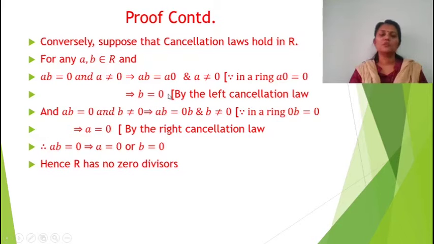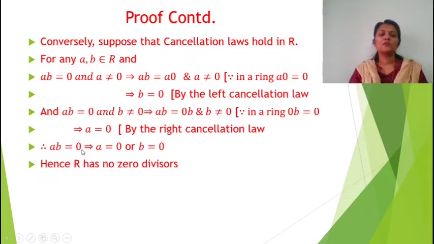Now ab equal to 0 and b not equal to 0 implies ab equal to 0 into b and b not equal to 0. In a ring, 0 into b equal to 0, which implies a equal to 0 by the right cancellation law.